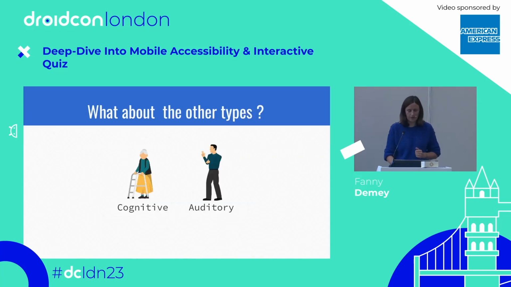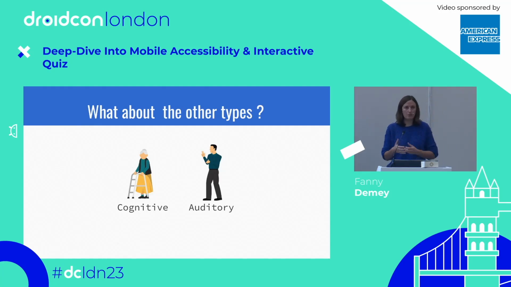Why? First, let's see why not cognitive and auditory disability. People with cognitive disability have common issues: difficulties to focus, difficulties to memorize, or difficulty with the language. If the language is difficult or is dense, it's harder for them to understand the content.